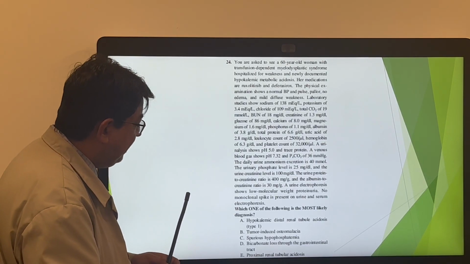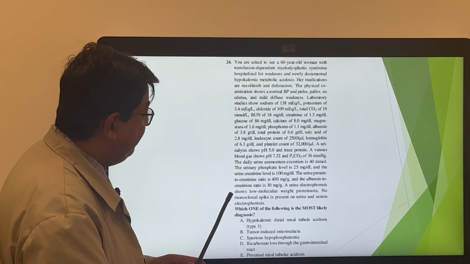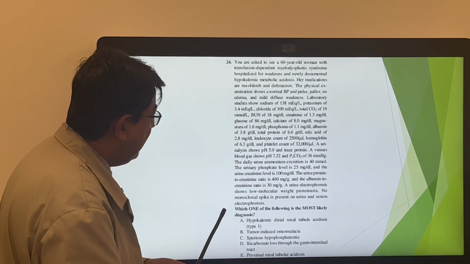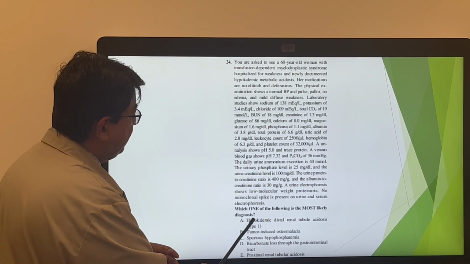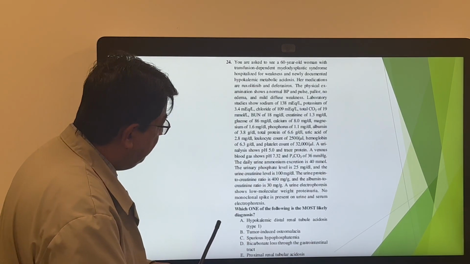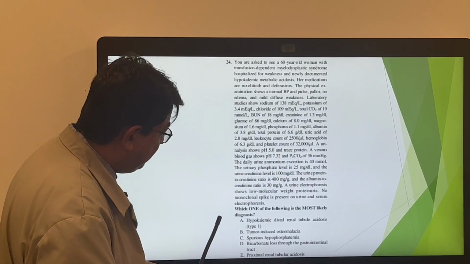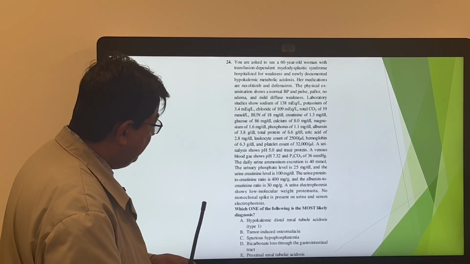No monoclonal spike is present on urine and serum electrophoresis. Which one of the following is the most likely diagnosis? Hypokalemic distal renal tubular acidosis, tumor-induced osteomalacia, spurious hypophosphatemia, bicarbonate loss through the gastrointestinal tract, or proximal renal tubular acidosis.